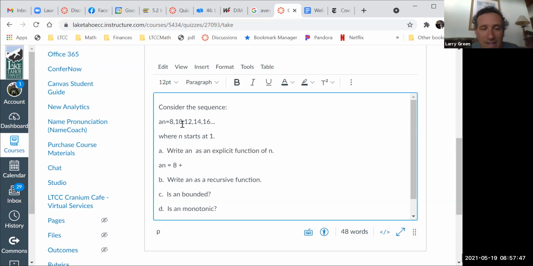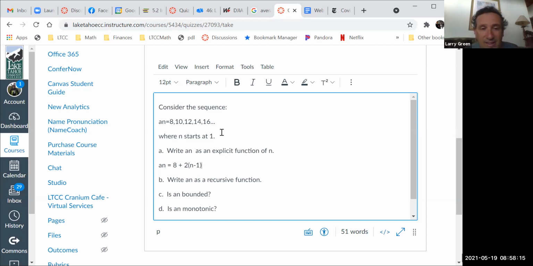If you subtract any two successive terms, you get 2: 10 minus 8 is 2, 12 minus 10 is 2, etc. So you would have 2, but it's not times n, it's times n minus 1. That way, when n is 1, you get 8 plus 2 times 1 minus 1, which is 8. And that's what we want. Does that make sense?